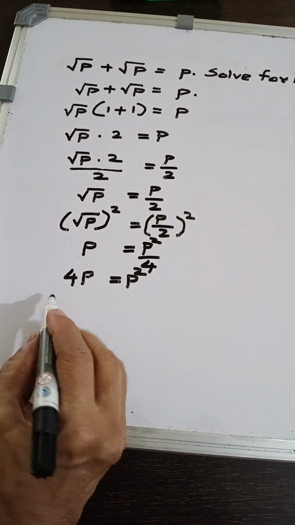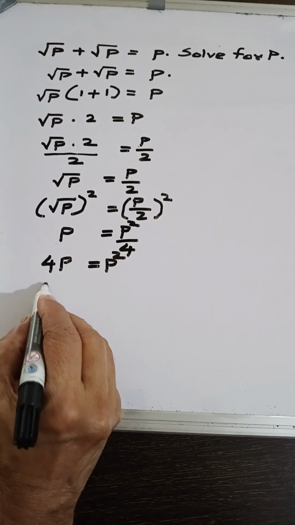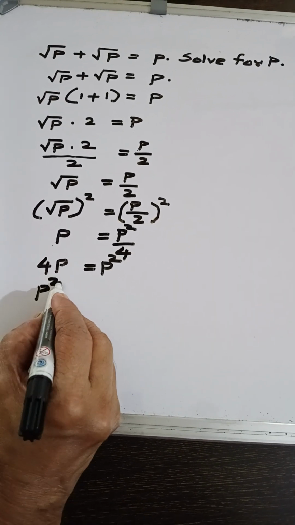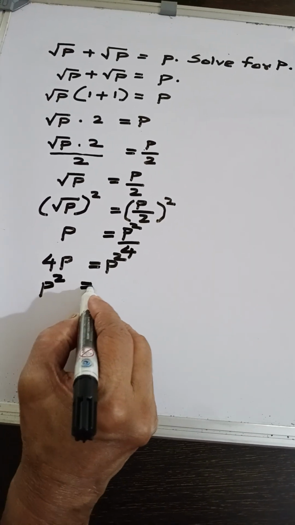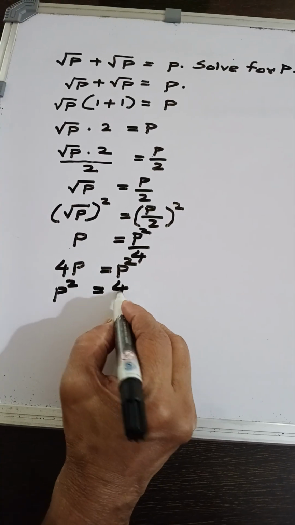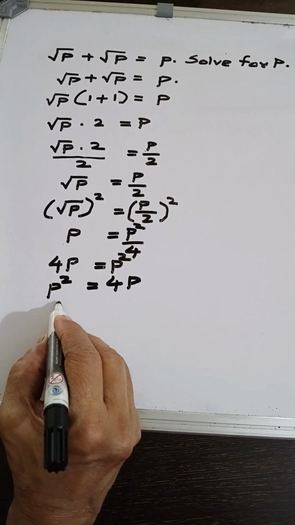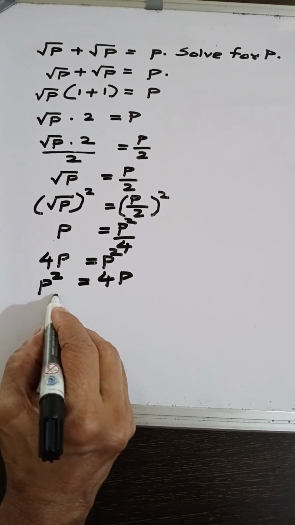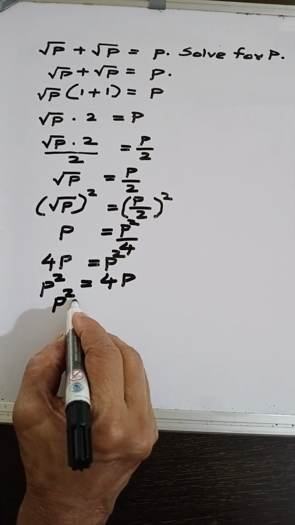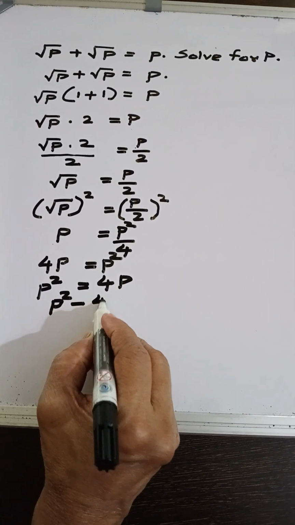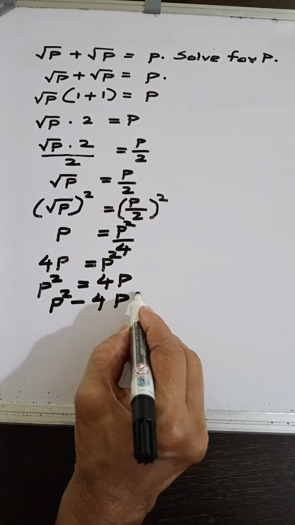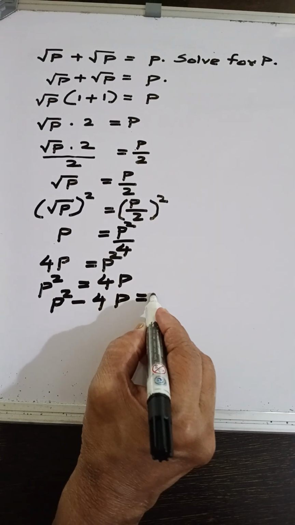Therefore, interchanging LHS and RHS, p squared equals 4p. p squared minus 4p equals 0.